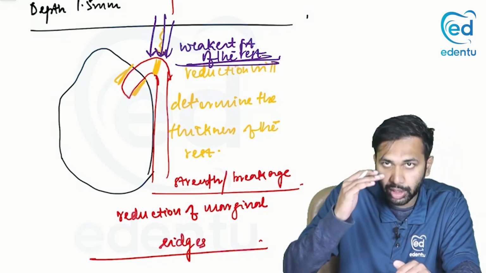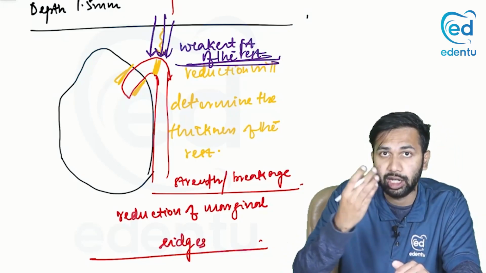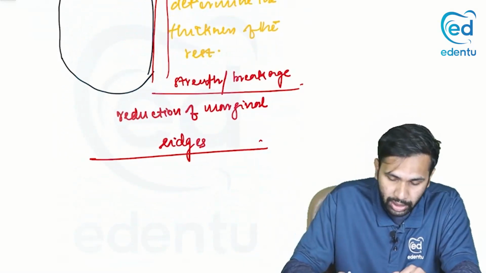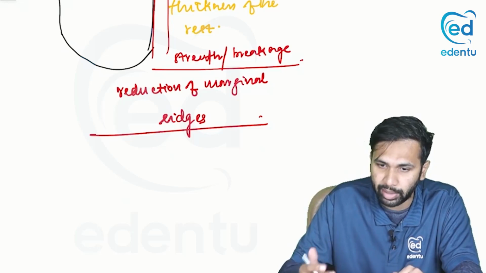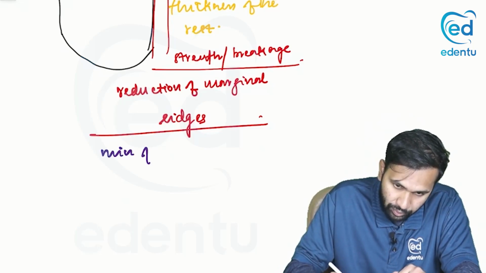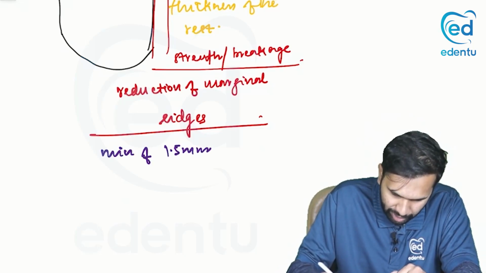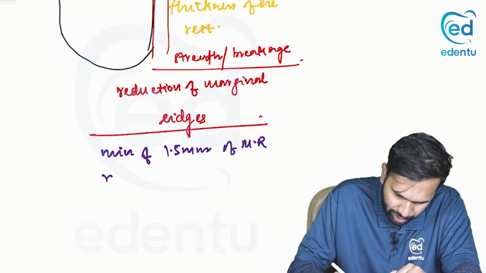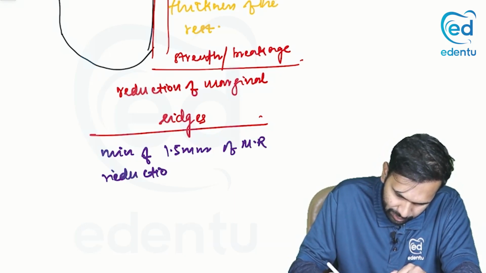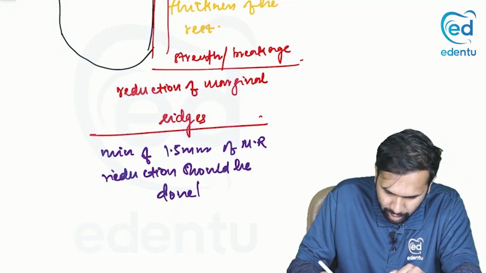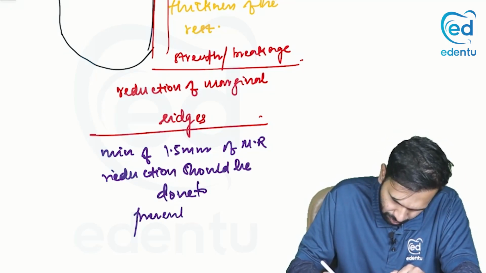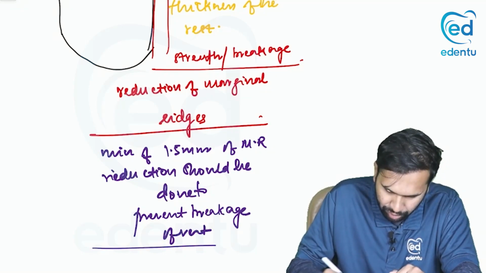So at this junction, there will be stress concentration and there will be breakage. So marginal ridge reduction will determine your rest strength and breakage, and a minimum of 1.5 millimeters of marginal ridge reduction should be done to prevent breakage of the rest.